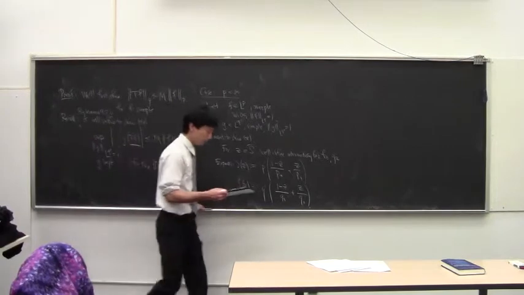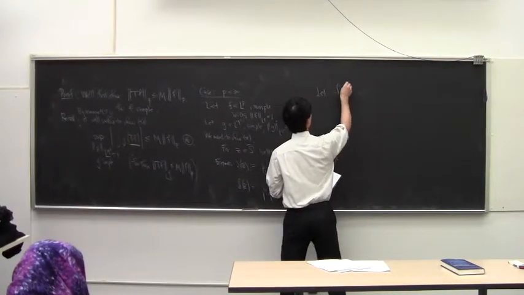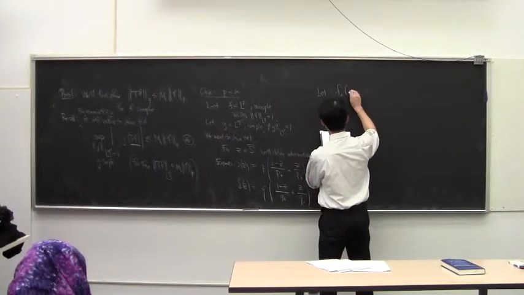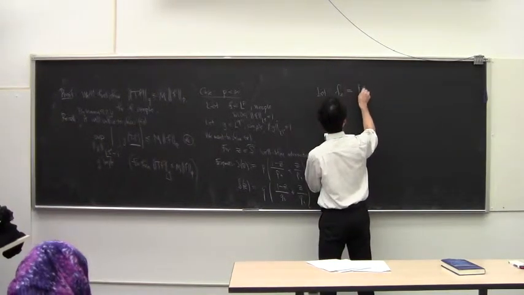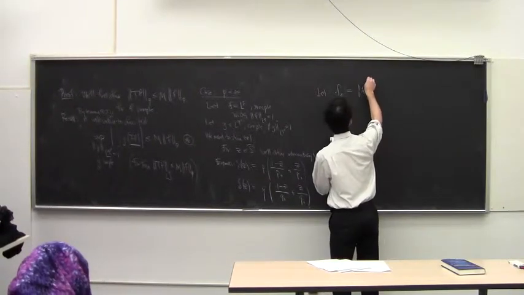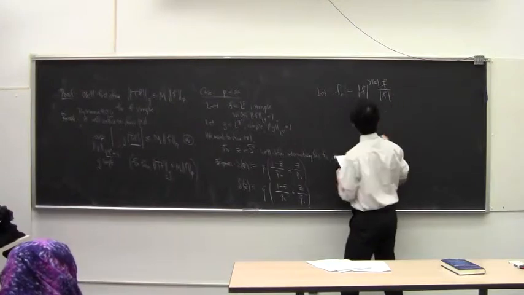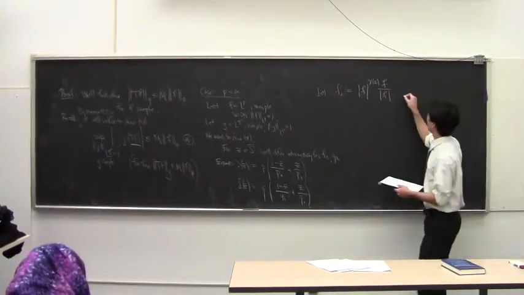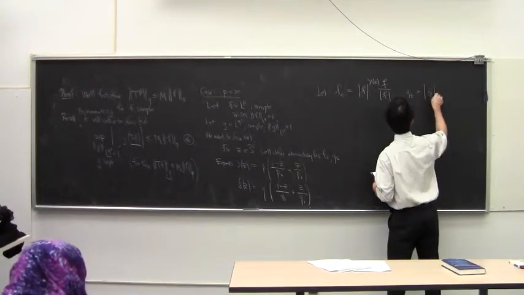Then we let F sub z be the modulus of F to the gamma z times F over the modulus of F. We let G sub z be defined the same way.